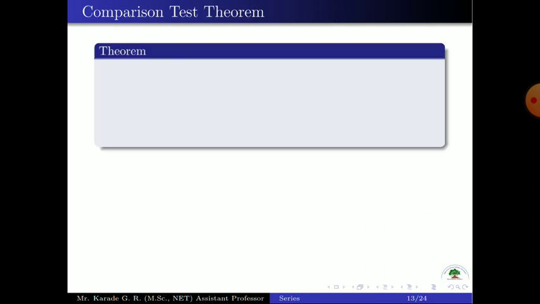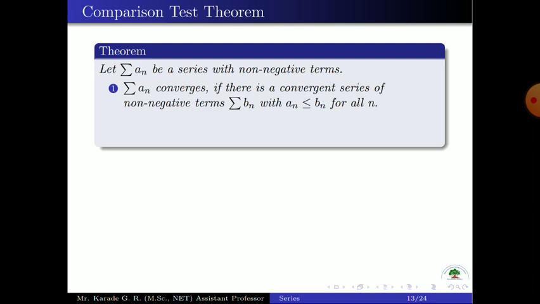Comparison test theorem. Let summation an be a series with non-negative terms. The first statement is that summation an converges if there is a convergent series of non-negative terms summation bn with an less equal bn for all n.